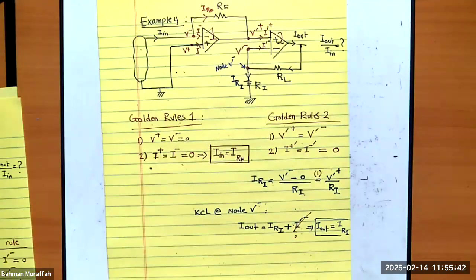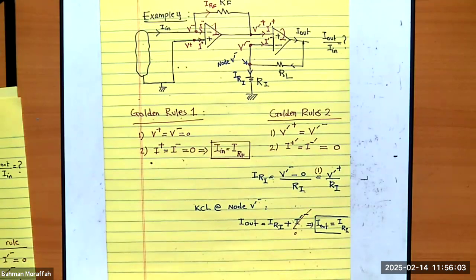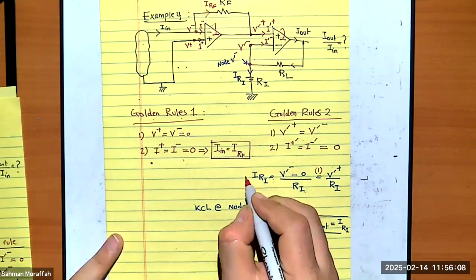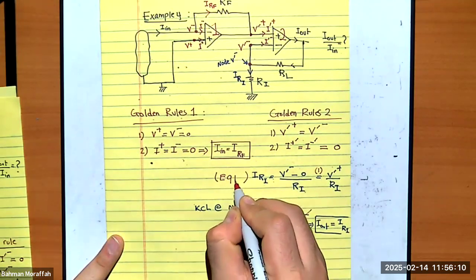Do you agree this Ri here is the exact same as this Ri up here? Therefore, I out equals V prime positive divided by Ri. So let me just call this equation 1.